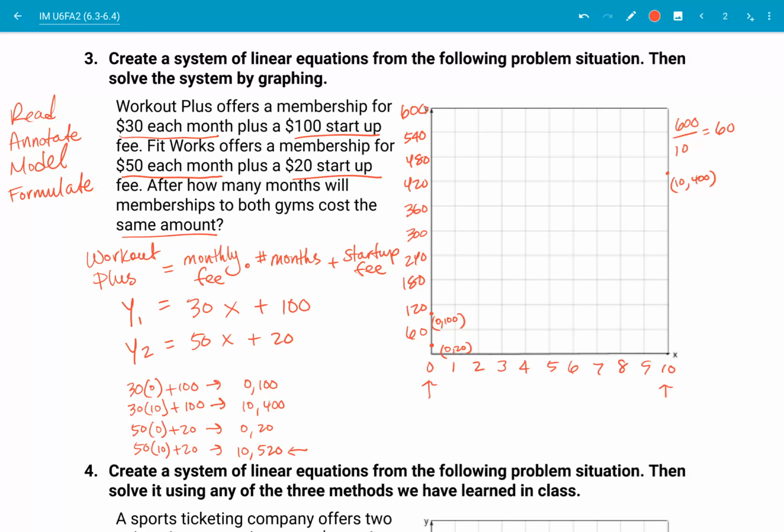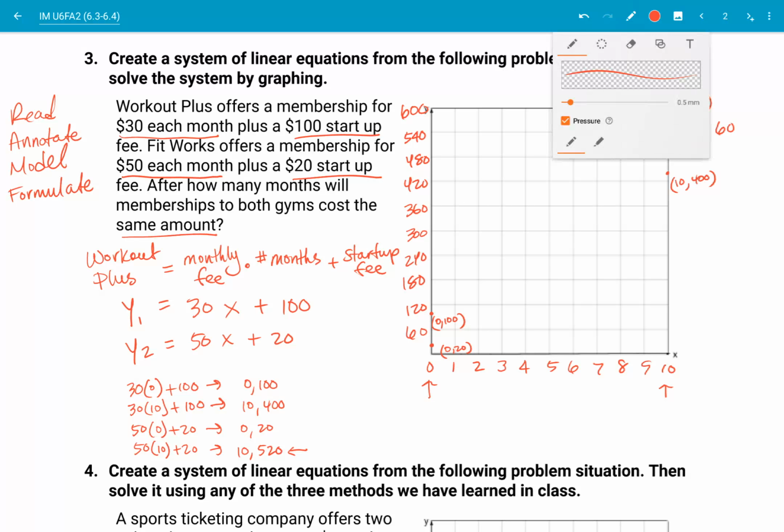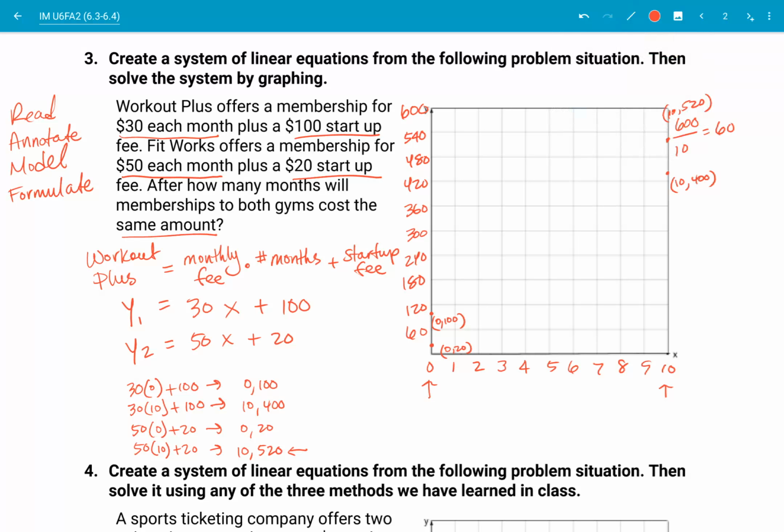And I have another point at 10, 520, which is right about here. Right there. Okay. So that point is 10, 520. Okay. So now let's graph and see where it looks like they intersect. So this one will go here, and this line will go right here.